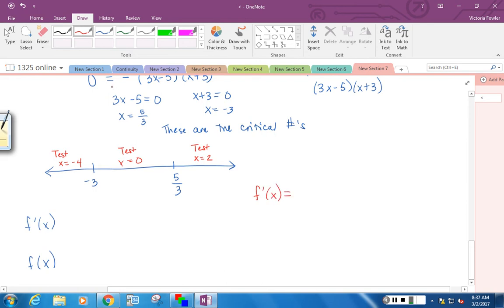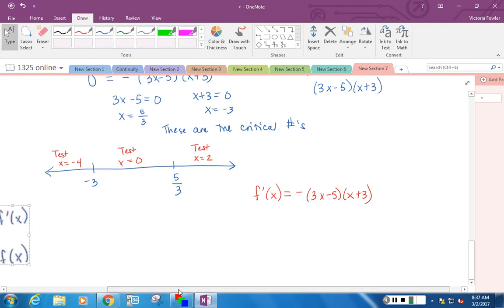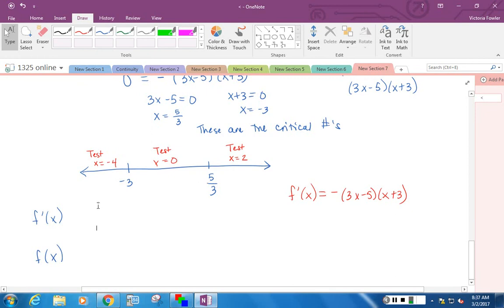And if you recall, my factored form had negative quantity 3x minus 5 times the quantity x plus 3. I'm going to plug in each one of these x values and determine what the sign of my derivative is, and that's going to tell me if my function is increasing or decreasing, right? It's based off of what my derivative is doing. It's the first derivative test, really.